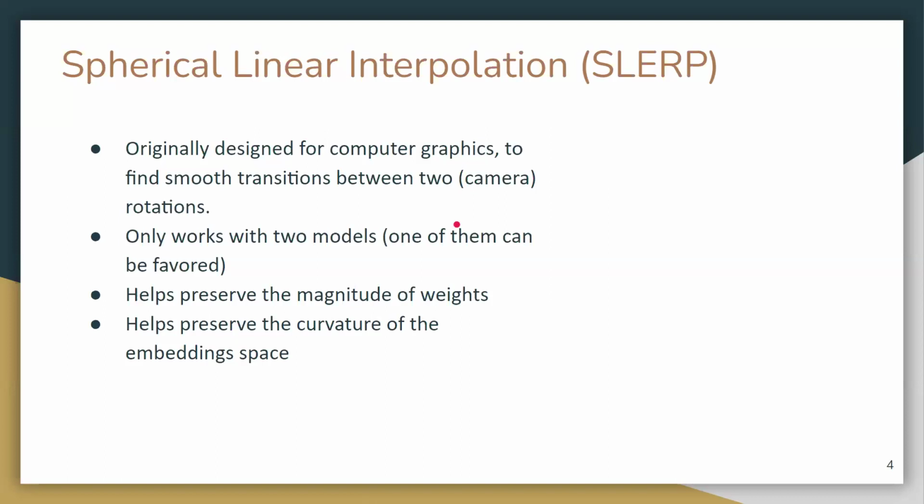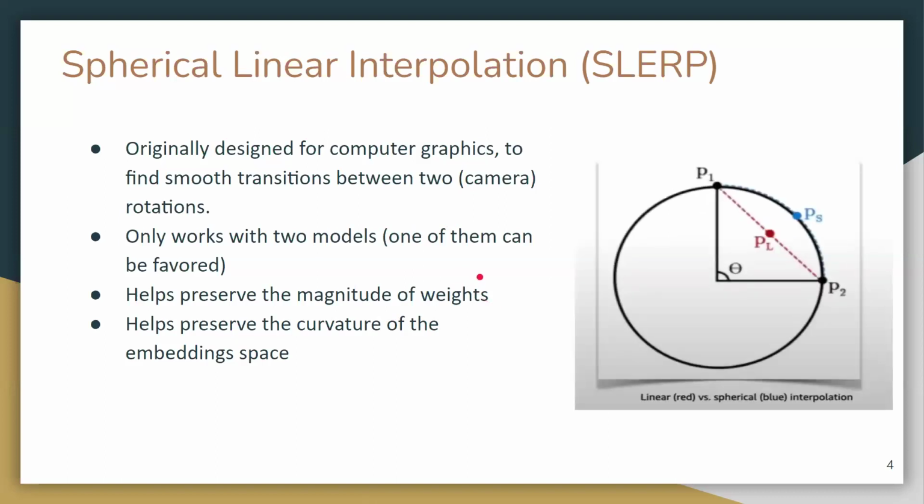So that's one problem. The second problem we can see in this diagram. Assume linear averaging is the red dot, and spherical interpolation is the blue dot. And so it preserves the shape of the embedding space.